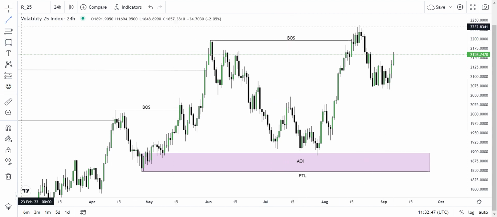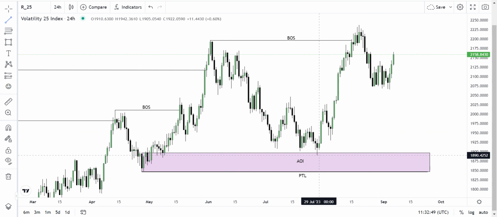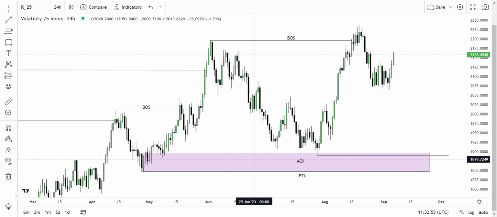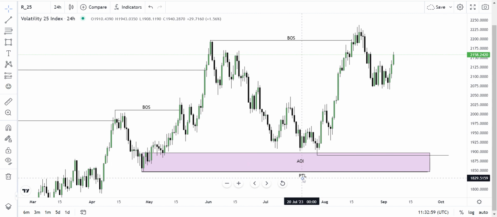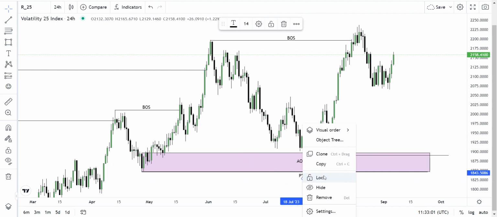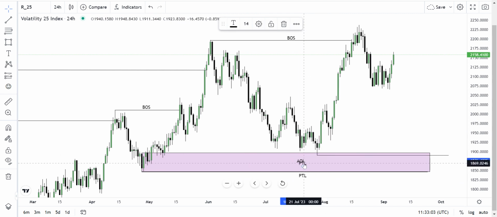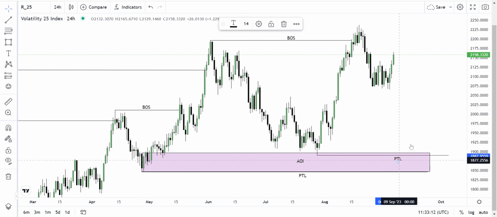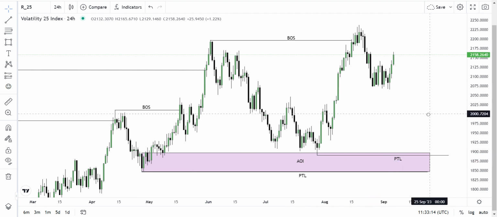This will be our new protected low. We are not expecting the market to violate this low for now. The moment the market violates that low, we just know that we are tending towards a downtrend. So that's our protected low.